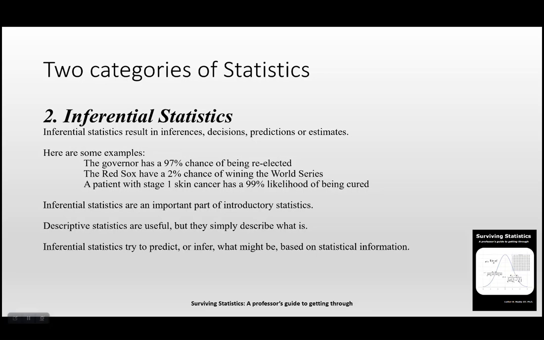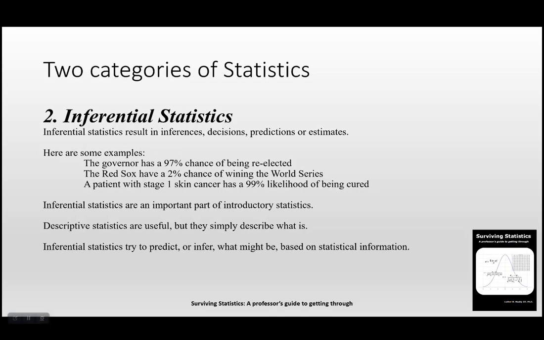We might use it to try to predict an election, and so we might make a statement based on inferential statistics, such as the governor has a 97% chance of being reelected, or the Red Sox have a 2% chance of winning the World Series this year, or a patient with stage 1 skin cancer has a 99% likelihood of being cured.